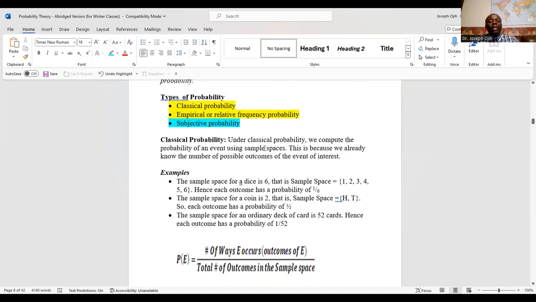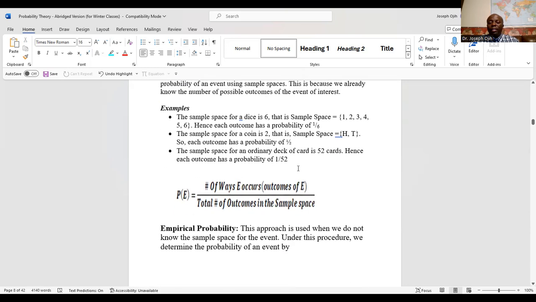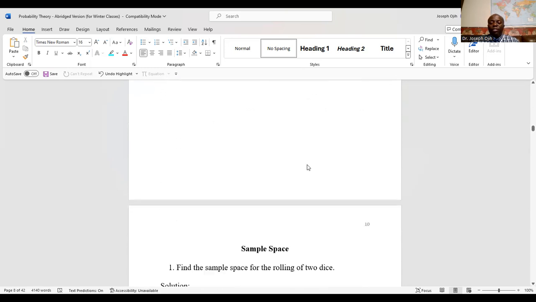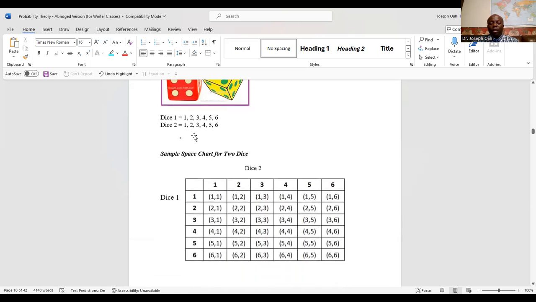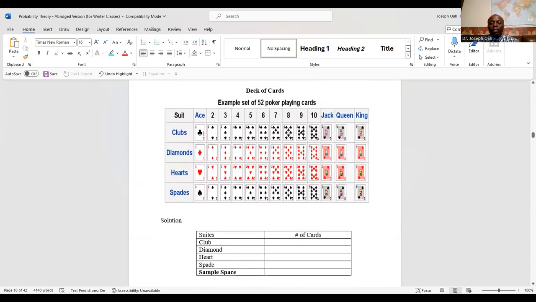Anyway, classical probability. Under classical probability, we compute the probability of an event using the sample space. In that case, we already know what the sample space is. For example, a dice has 6 sides, so the sample space is 6. A deck of cards has 52: there are 4 suits, each of them 13.